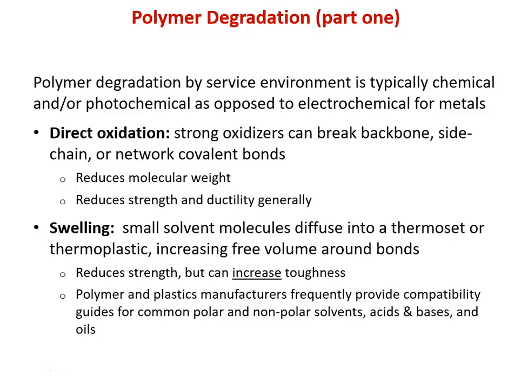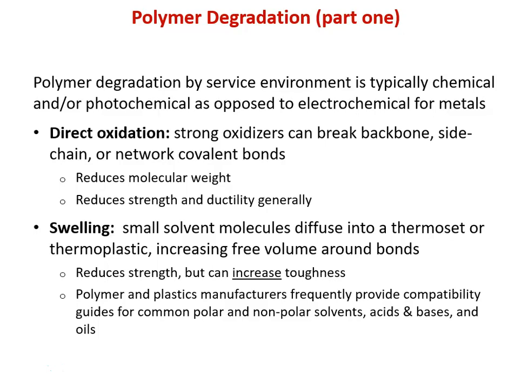Now, if you get a very aggressive environment, things like peroxide radicals, for instance, that you can get from photooxidation, which we're going to hit next, we can cleave those main chain bonds, and we can cleave the covalent bonds that are holding together a thermoset polymer, a network polymer, if we get an aggressive enough environment. And if you're picking polymers for use in chemical service, not weathering outdoor environments, but hopefully closed reaction vessels where you might be encountering very, very oxidizing species, that can be a problem.